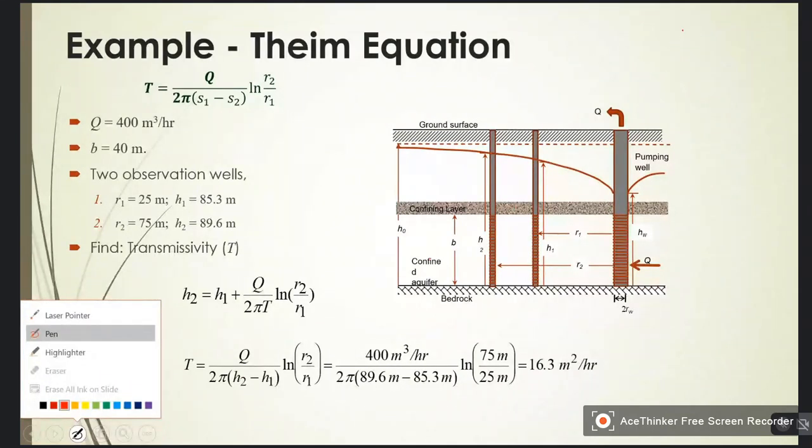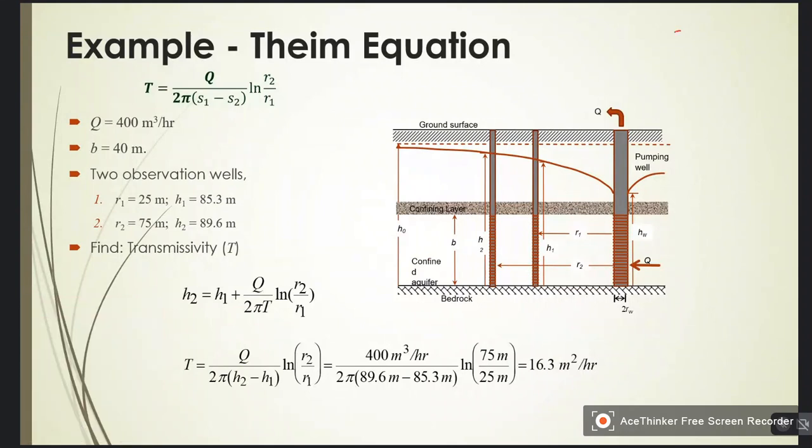Sir, I got 84.43, sir. Sir, I got 66.461. Your number? 4, sir. So this is Harika's result.